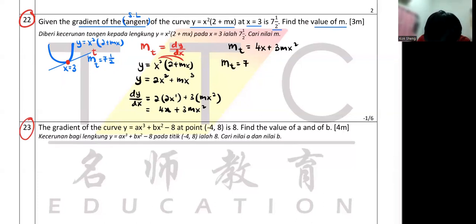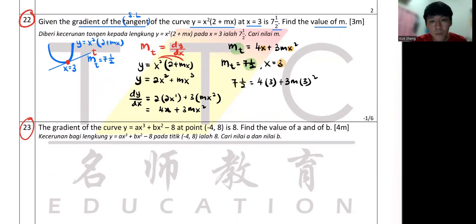mt is also equal to 7 1/2 at the point of x equals 3. So sub in both: 7 1/2, replace it with mt, and the 3, of course, replace it with x. So we can get the answer. No more mt, no more x, you are only left with the unknown m. So we can expand the bracket and then find the answer.